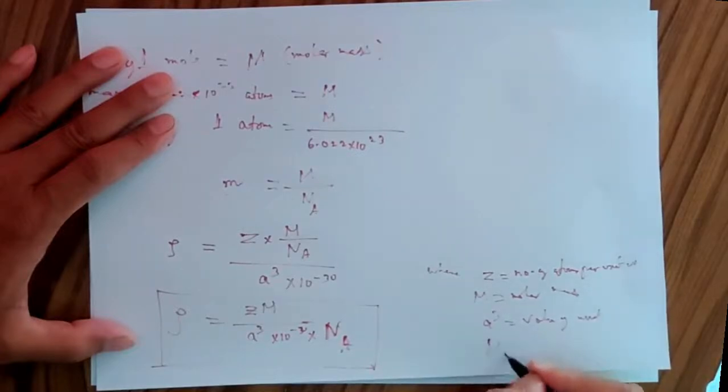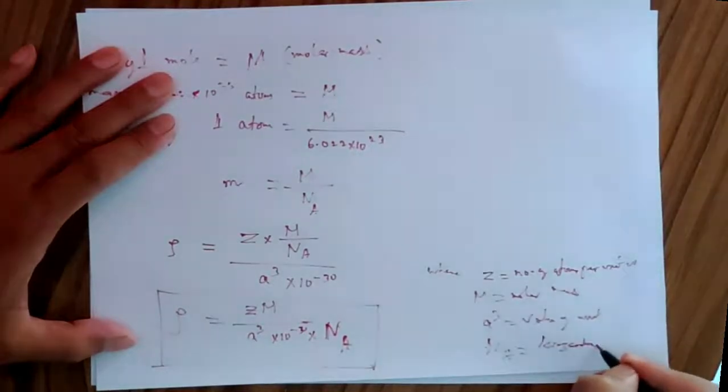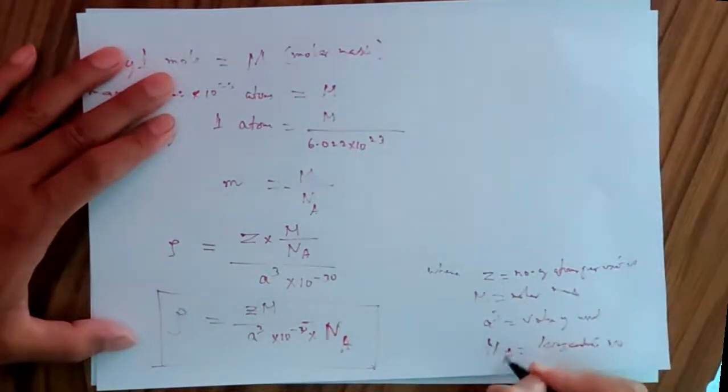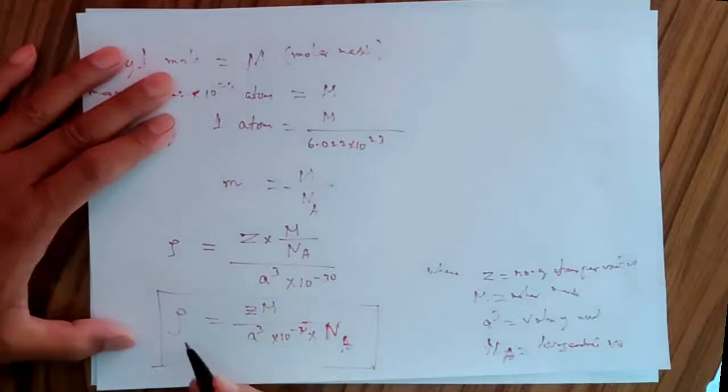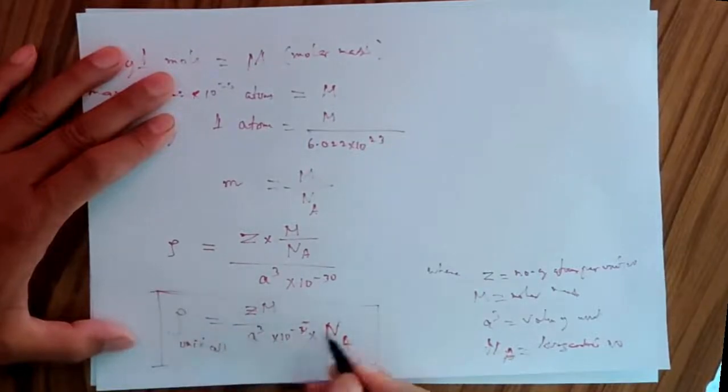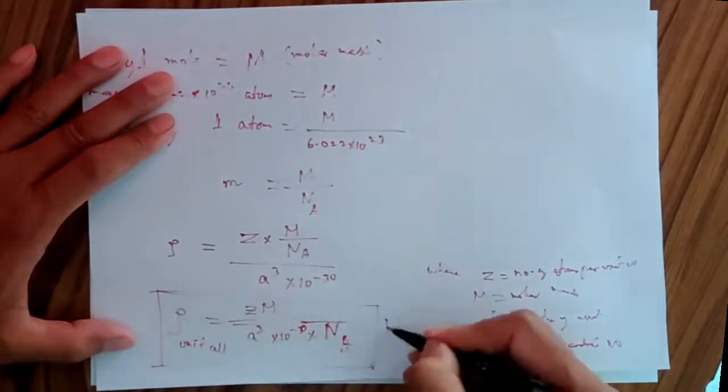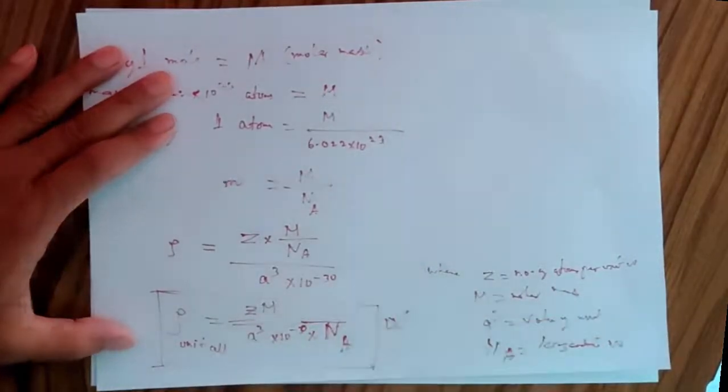N A is Avogadro's number. And rho is the density of unit cell. Learn by heart: ZM divided by a cube into 10 to the power minus 30 into N A.